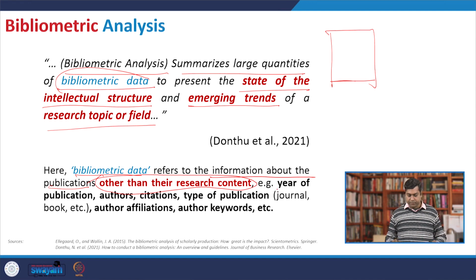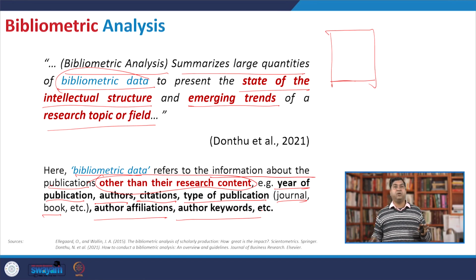So, for example, it is year of publication, author's detail, citation, type of publication, whether it is journal, book chapter, conference proceedings and others like working paper, then author's affiliation, then author's keyword, because each paper we normally give some keywords, and this is nothing but the search string which will help to identify the paper.